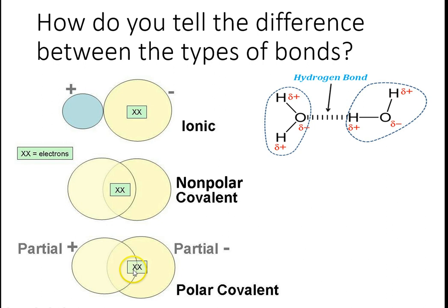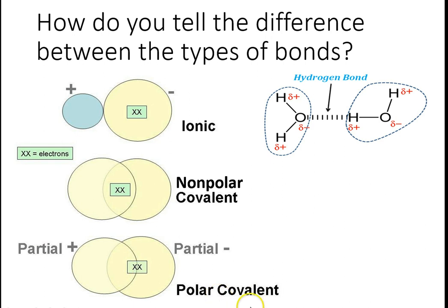If you notice here, the electrons are no longer situated in the middle, they're situated more towards atom B, which means that atom B takes on a partial negative charge. Again, those negatively charged electrons spend more time here, so this atom becomes more negative. Atom A, because it's spending less time with those electrons, becomes slightly positive.